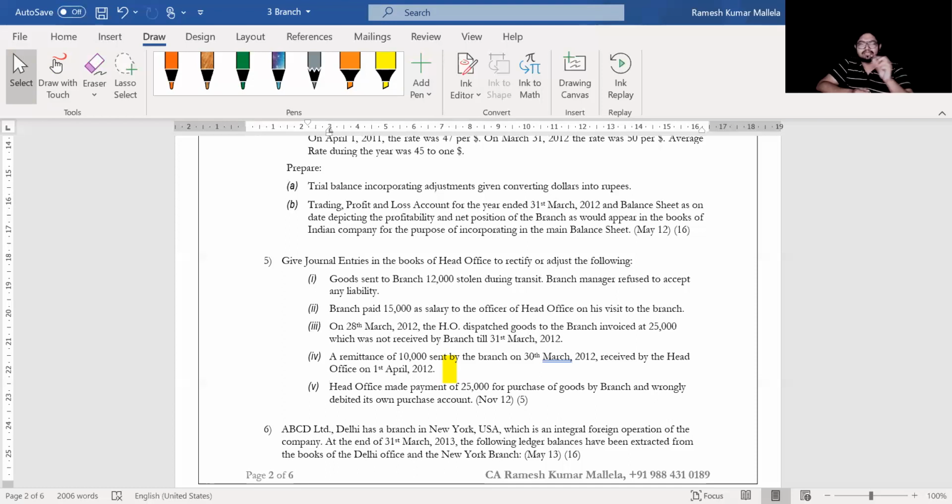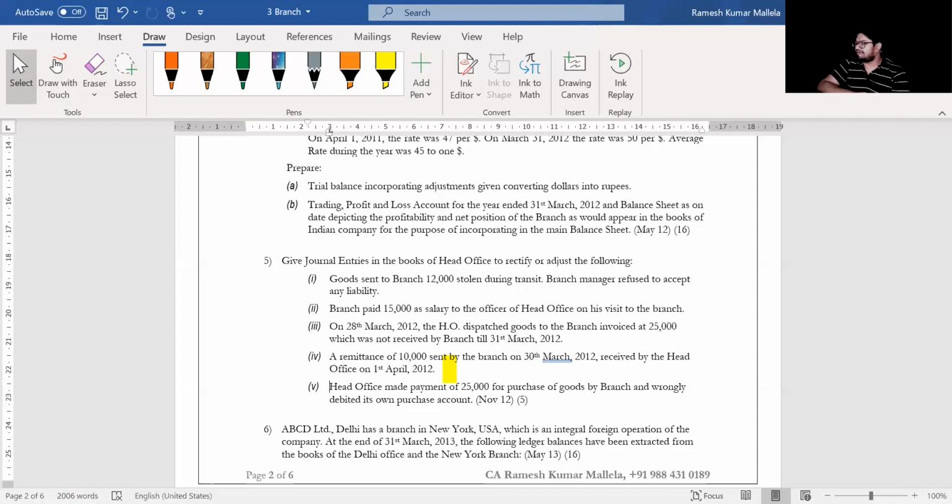I'll have to reduce the branch debit balance, yes or no? And I'll have to debit my cash balance. But did I really receive cash? No. In such case, we call it cash in transit. So the entry in this case would be cash in transit account debit to branch account. It's going to be 10,000, 10,000.